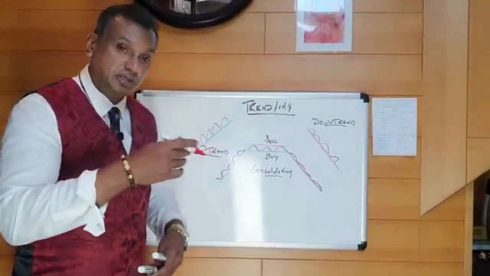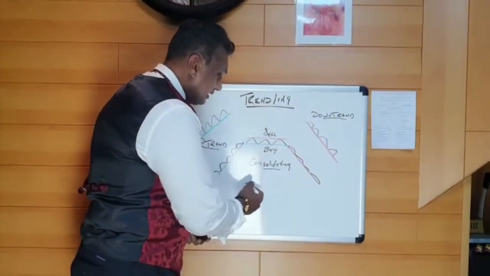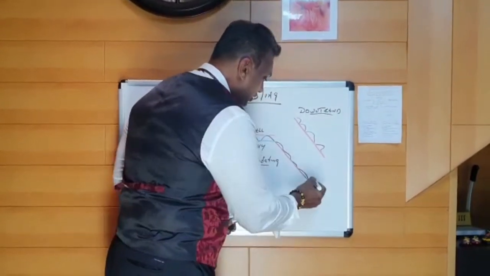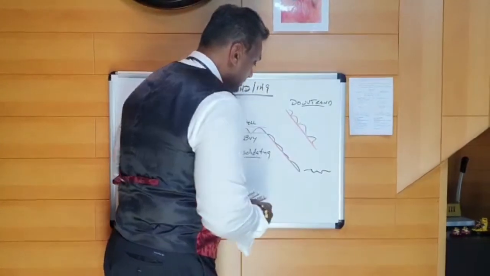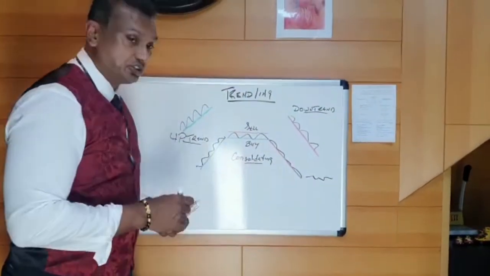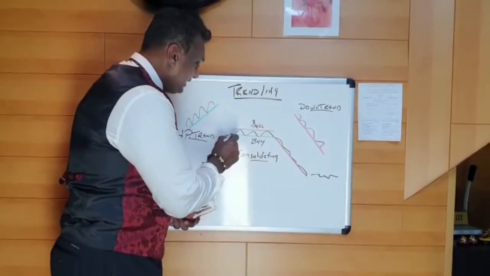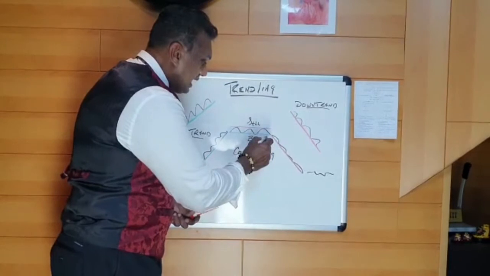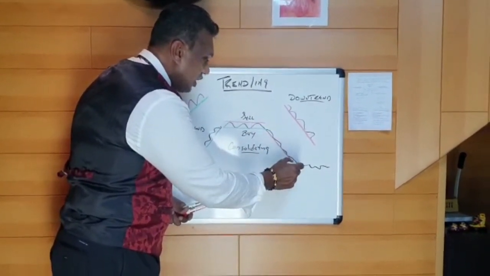So it can actually be the flip, whereby you're consolidating here, for example, and then possibly go back up. So how do you know when the trend is changing? It's when it breaks the line. In this case, it did not break the line. What it did was move sideways, and then it moved downwards after, so it started a downtrend.